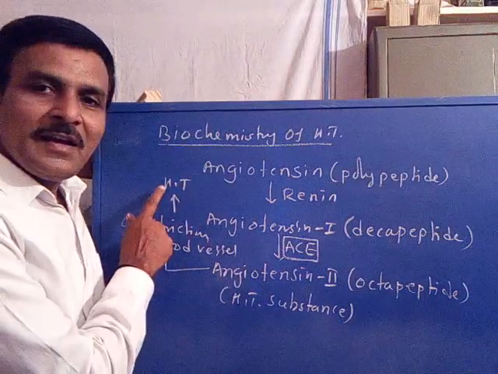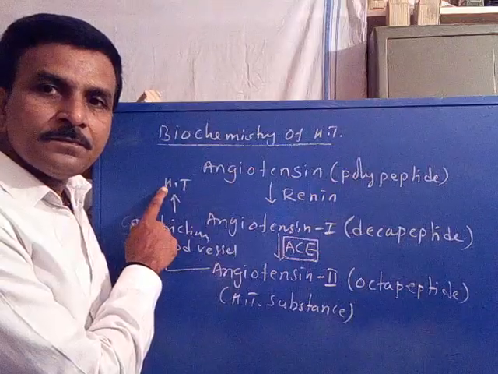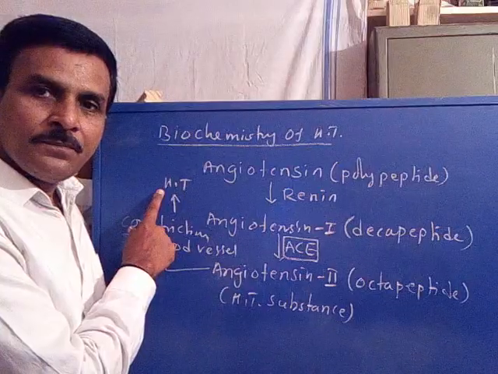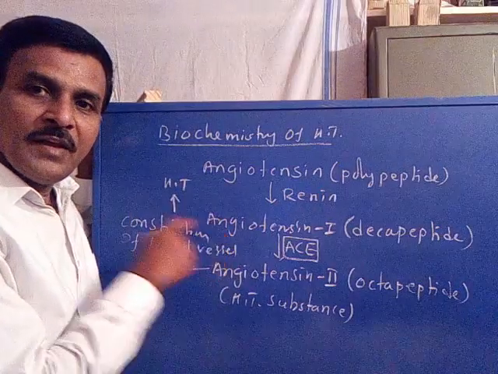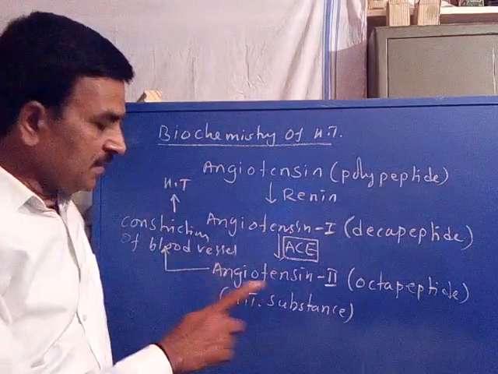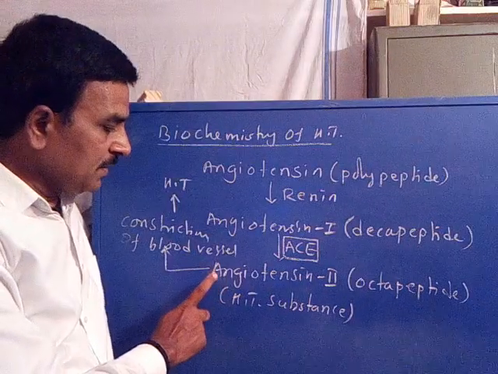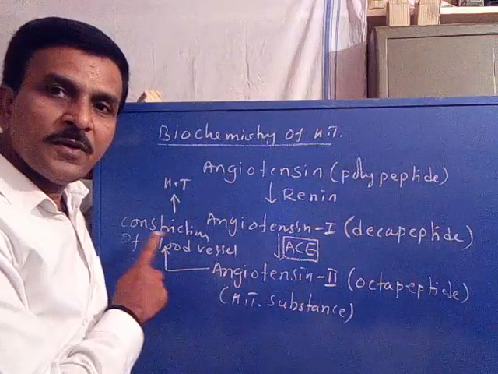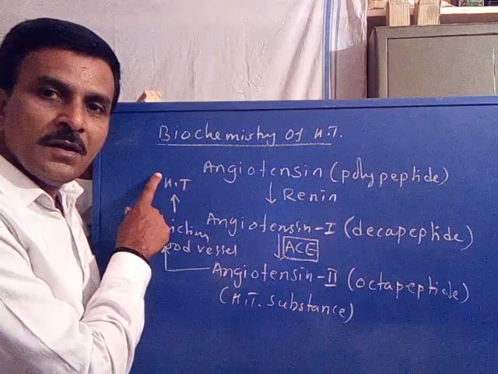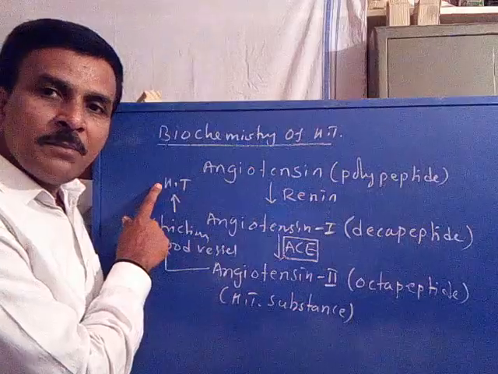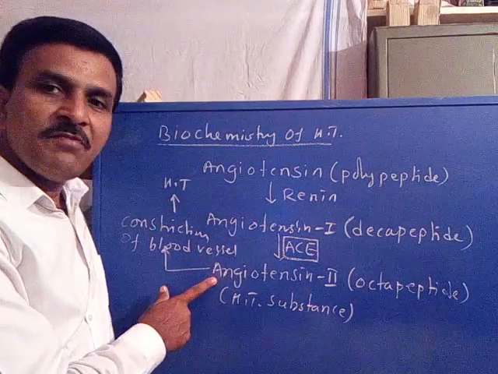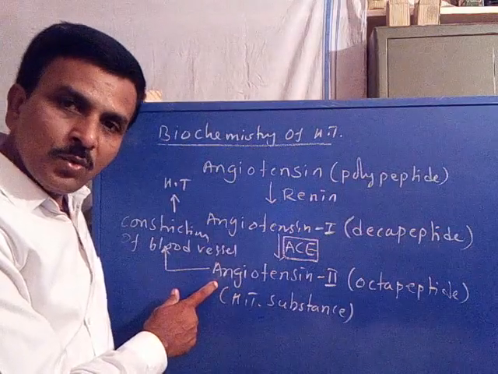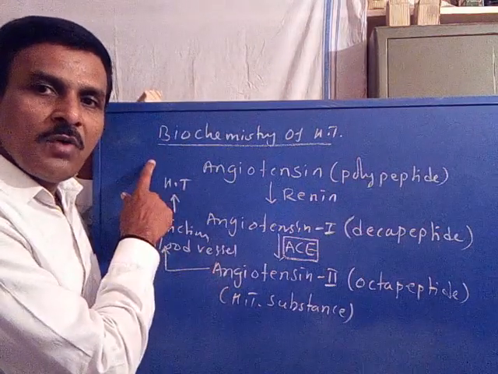Now, for the treatment of hypertension caused through this biochemistry, we have to prevent the formation of angiotensin 2, as the formation of angiotensin 2, that hypertensive substance, is responsible for the constriction and hypertension. So to relieve hypertension, we have to prevent the formation of angiotensin 2. When there is no angiotensin 2, there is no constriction, there is no hypertension.